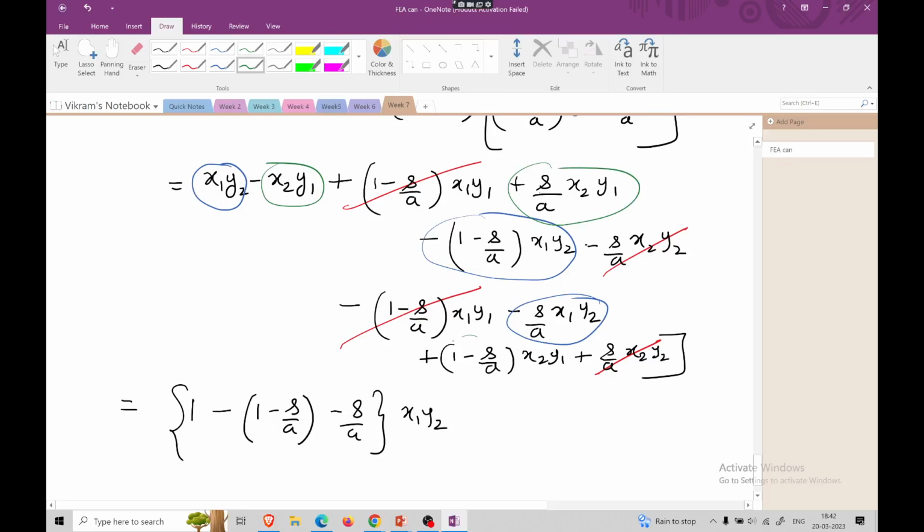So if I write plus, I can say 1 minus s by a, then plus s by a minus 1 into x2 y1. So if you see 1 minus 1 cancel out each other, plus minus into minus plus, plus into minus also cancel each other. So this will be 0. Similarly here also this will be 0. So 0 plus 0 I'll get as 0. Psi 3 is 0. Okay.